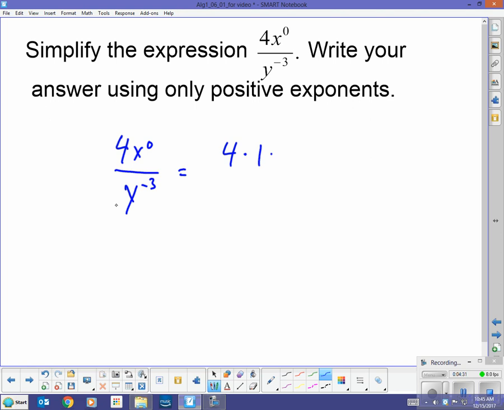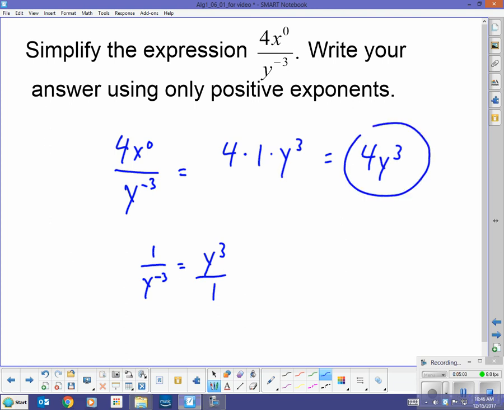And then y to the power of negative 3, again, the reciprocal, so it's going to move from the denominator to the numerator. To simplify that, that's y to the power of 3 over 1, or just y to the 3rd power. So this is 4 times y to the 3rd power.